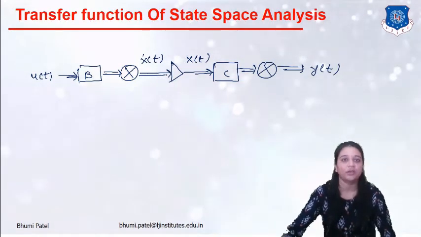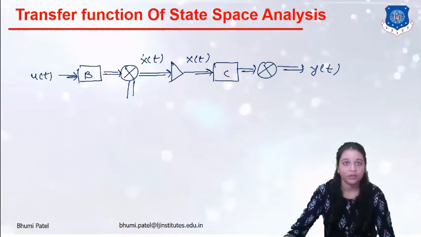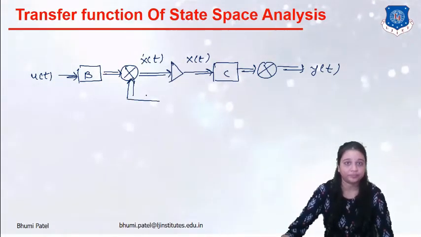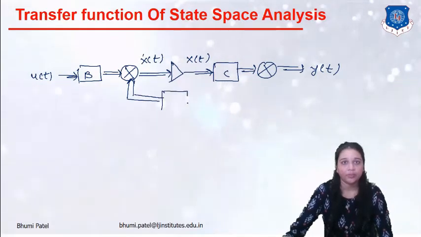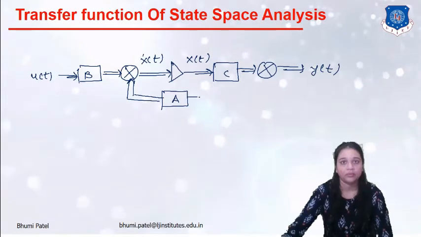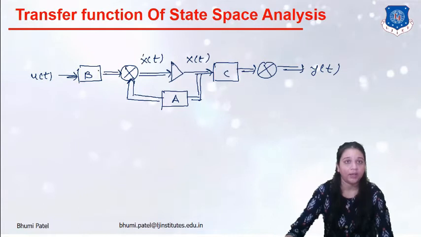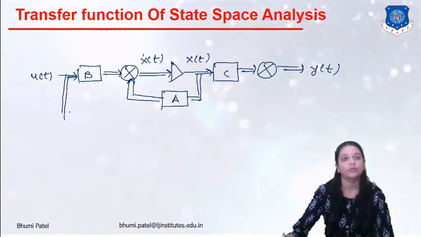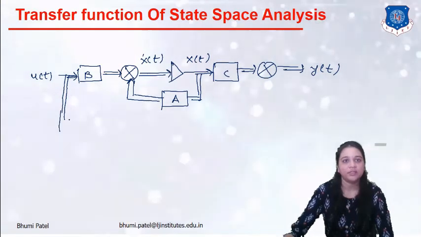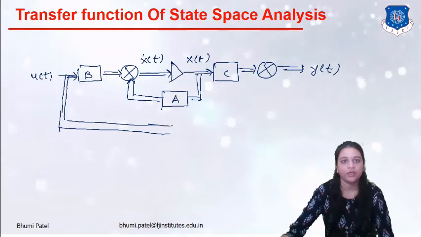We can put here the different variables A, B, C, D. So A is nothing but the A x of t, so we can put here A and complete this diagram. And y of t is equal to D u of t, so we can put here D.